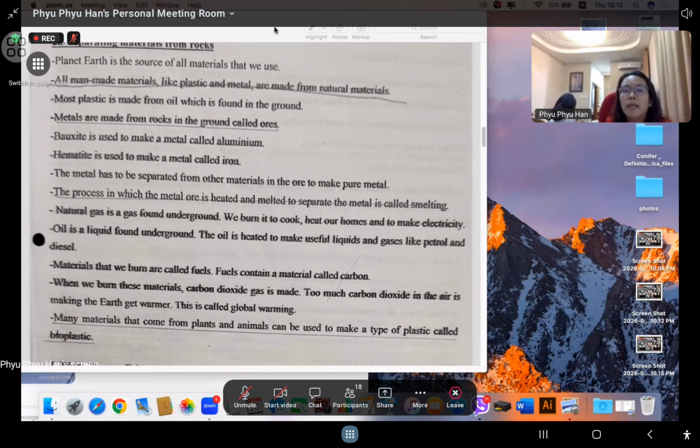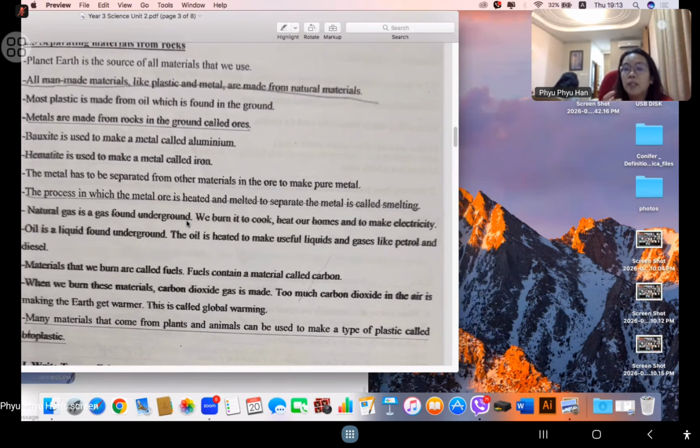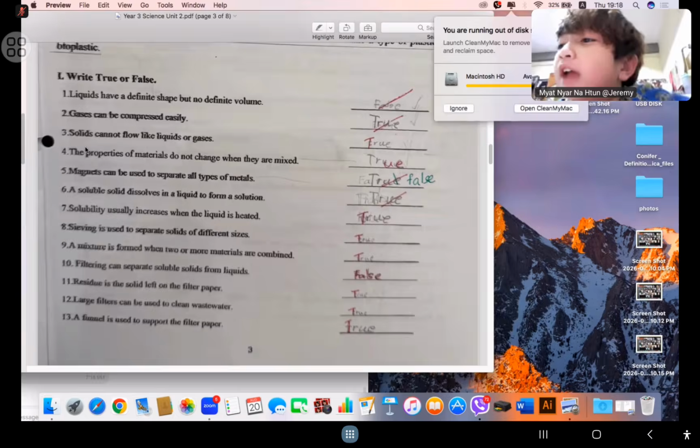Some of the cities like Venice may disappear one day, because of global warming. That's why we need to control our temperature, not temperature rising.